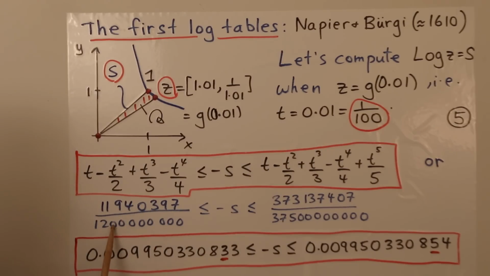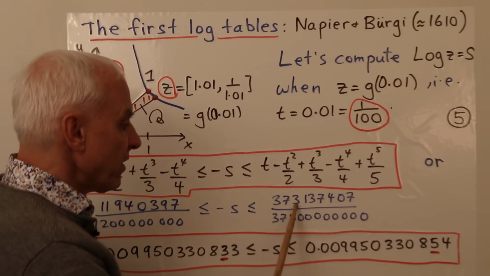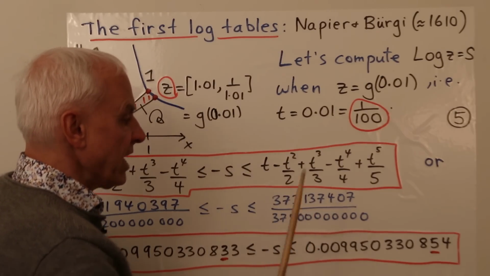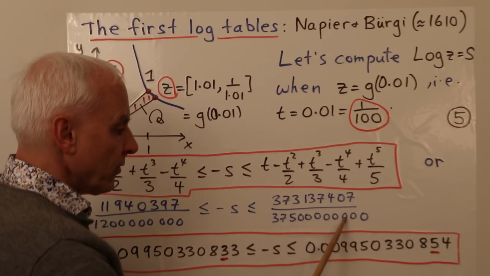11940397 over 12 with 1, 2, 3, 4, 5, 6, 7, 8 zeros. And on the right-hand side, 373137407 over 37500000000.